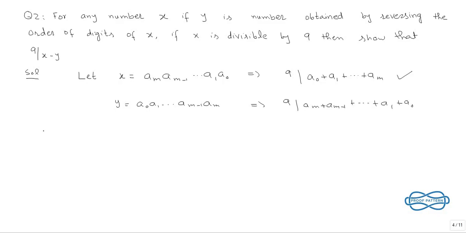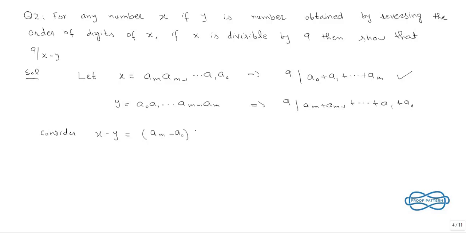Now consider x minus y. It will be a_m minus a_0, because the digit at the mth place of x, we subtract the digit at the mth place of y from that.